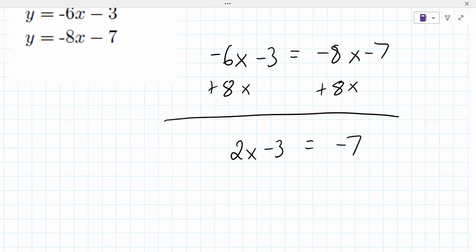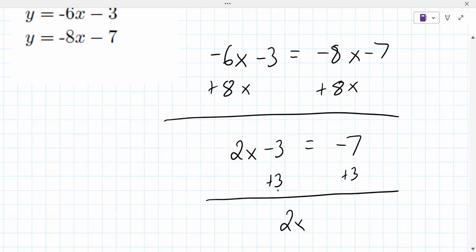And then minus 3 equals negative 7. So add 3. Make this 0. And then that would make this negative 10.